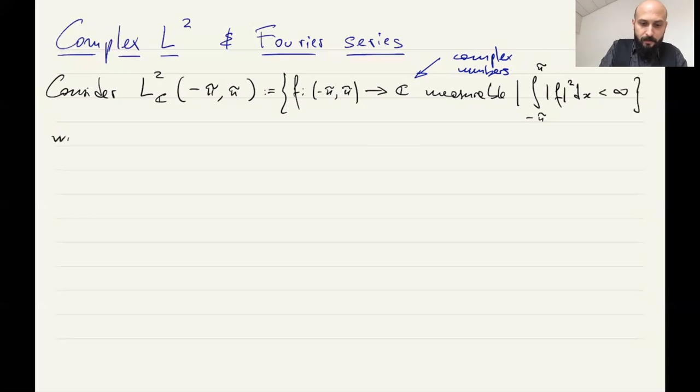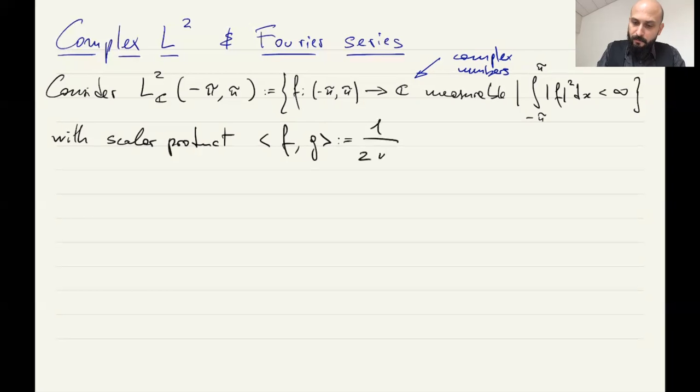And on this space, we will consider the scalar product defined as, so the scalar product between f and g, by definition, we prefer to have a normalization divided by 2 pi of the integral between minus pi and pi of f times g bar.